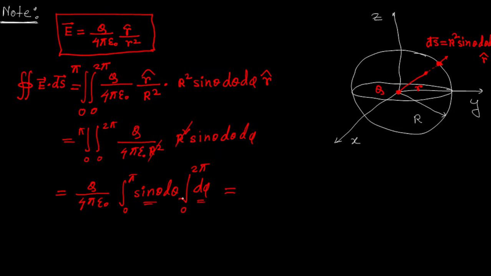This integration will give us 4 pi, and this 4 pi will cancel out. So when you cancel out 4 pi, you will get q by epsilon naught. q by epsilon naught. Okay.